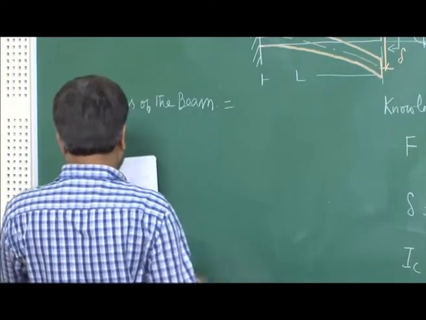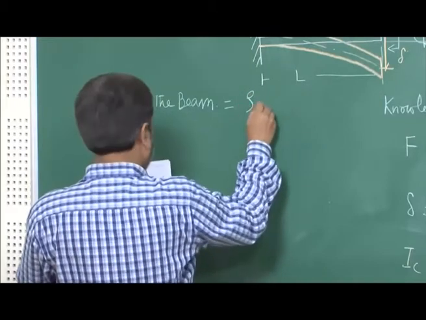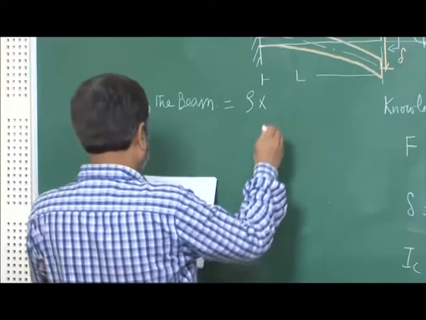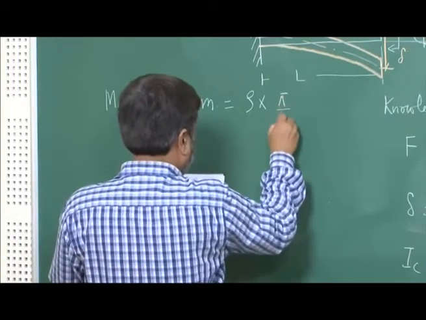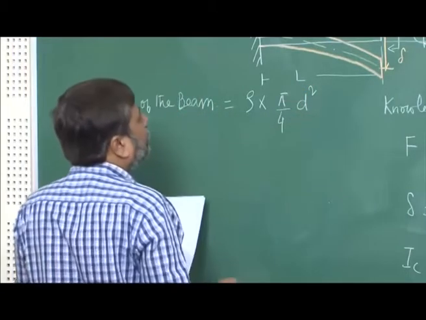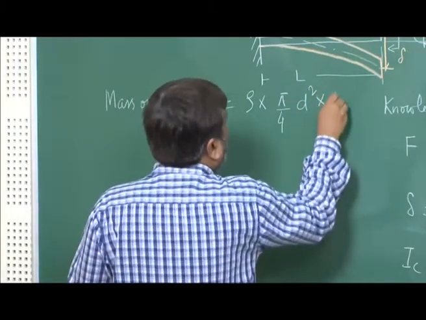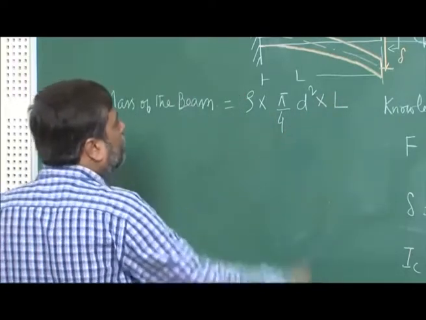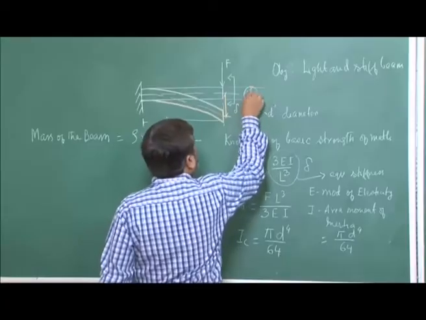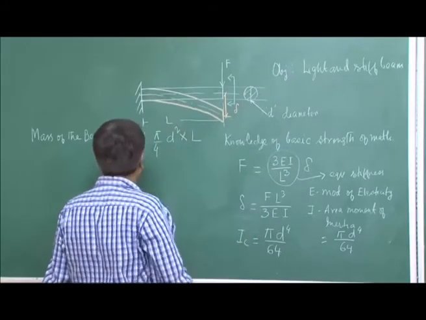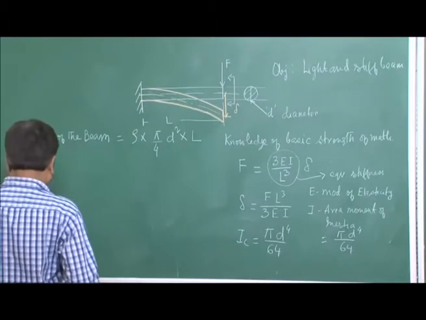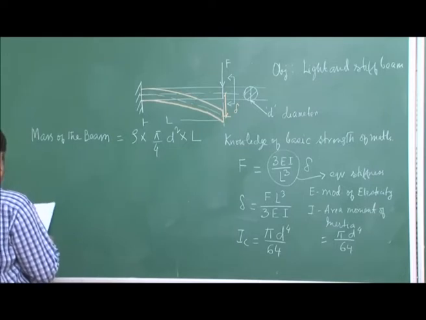We can write the mass as rho times the area of the beam, that is pi by 4 d square, times the length, considering that it has a uniform circular cross section. That is the mass of the beam, and we have to make it a lightweight beam.